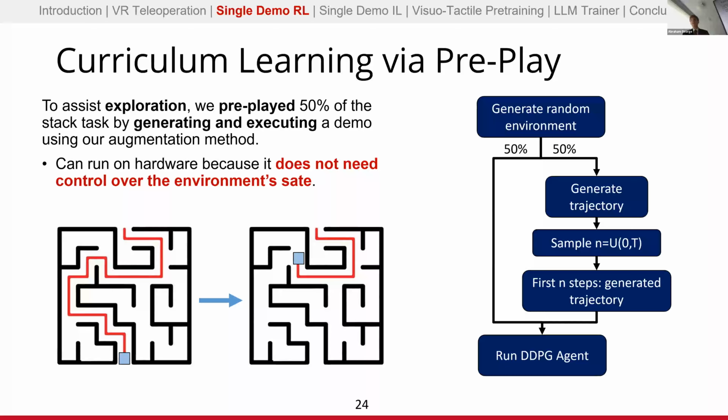This means that, assuming that generated trajectory worked fairly well, we are able to initialize in a partially solved state. However, this can fail, but that's not that big a deal. The RL agent just starts in a non-partially solved environment, and it can solve the rest by itself. And the important thing about this is that because we're only initializing to a random environment, we can run this on hardware. We do not need ground truth control over the environment state.